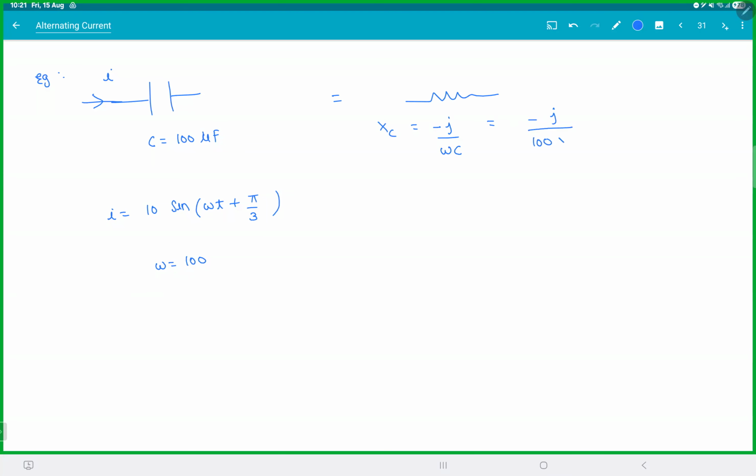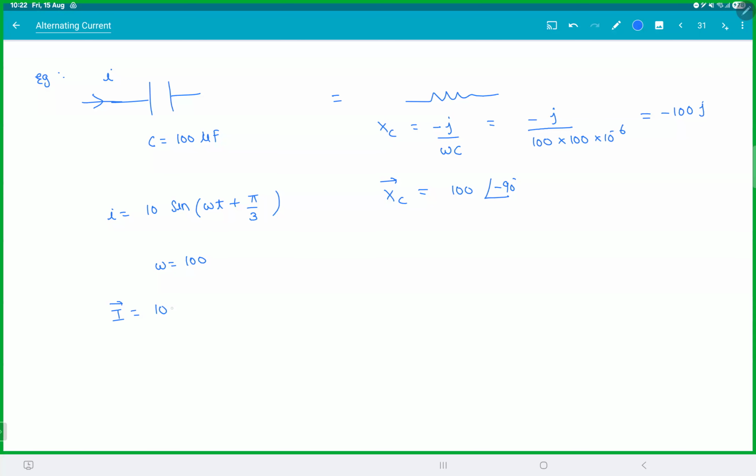Omega is 100, C will be 100 times 10 power minus 6. That is minus 100 j. So phasor form XC bar will be 100 at minus 90 degrees. Remember, it is magnitude. Don't put minus 100 into 90. It is 100 minus j. Minus j is minus 90 degrees. It's always magnitude into the angle.